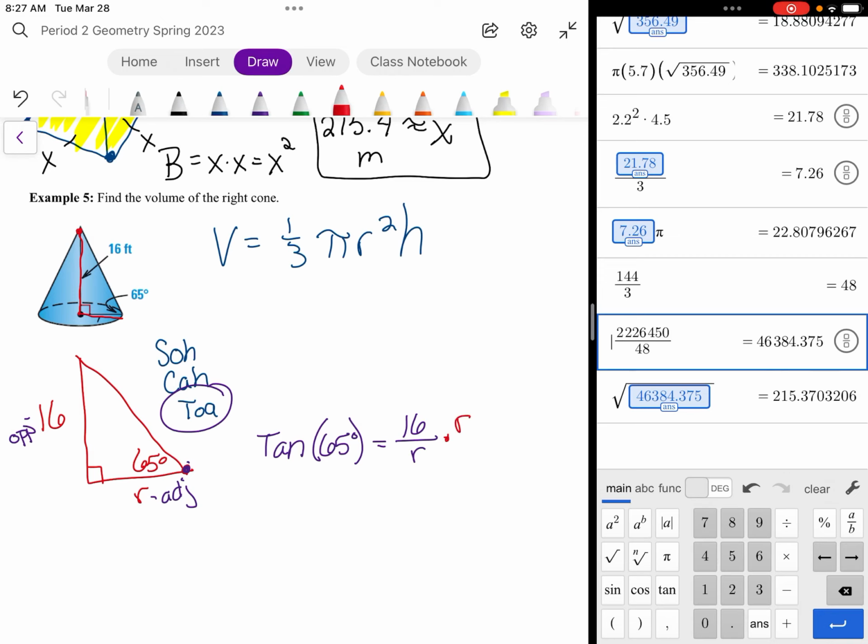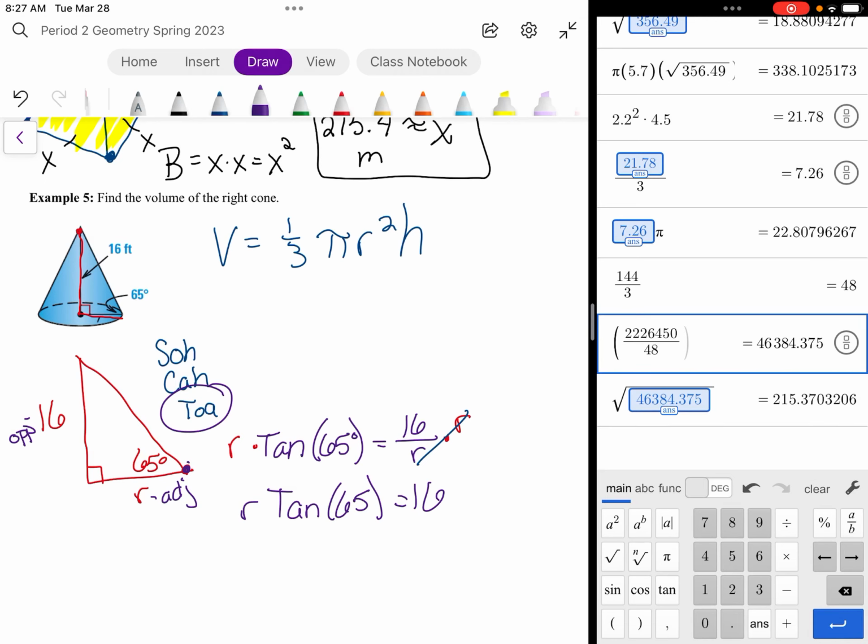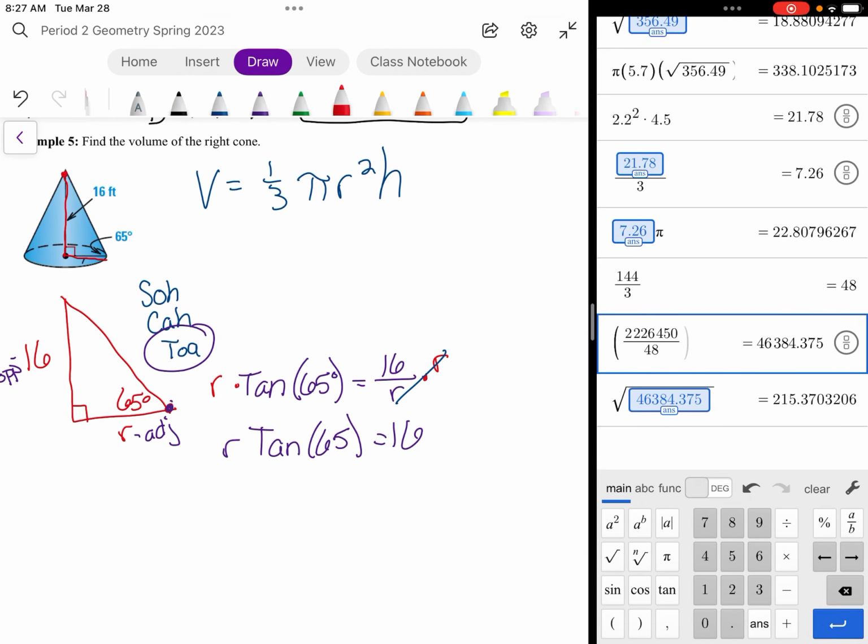To get rid of the fraction, you multiply by the denominator. We multiply both sides by r, which gives r tangent of 65 equals 16. Then we divide both sides by the tangent of 65.